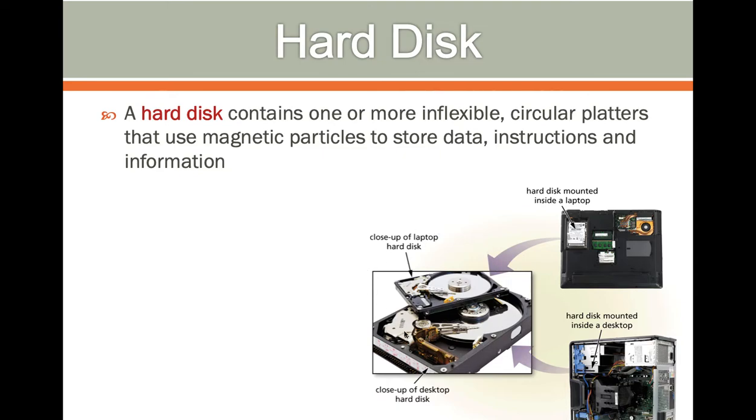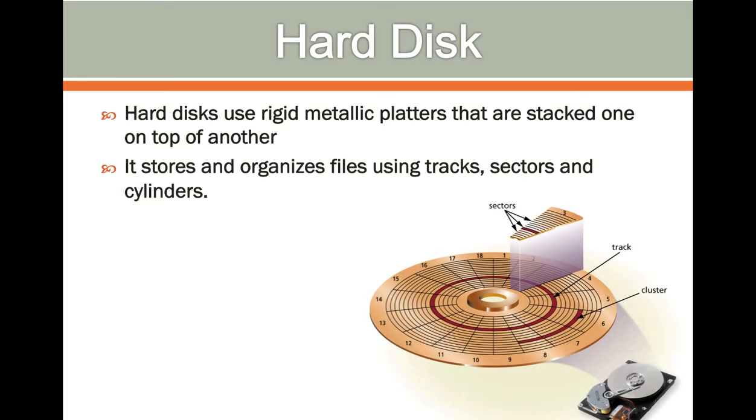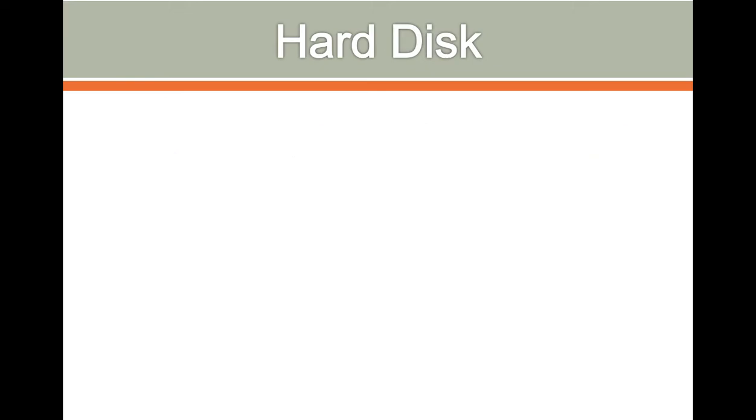This is the desktop hard disk, mounted inside a desktop. Hard disks use rigid metallic platters that are stacked one on top of another. It stores and organizes files using tracks, sectors, and cylinders. As you can see in the example, we have sectors, a track, and also the cluster.